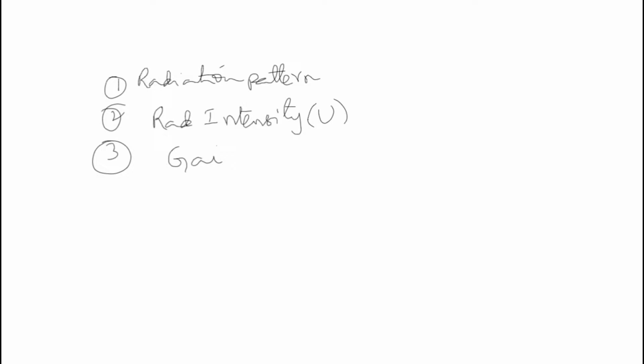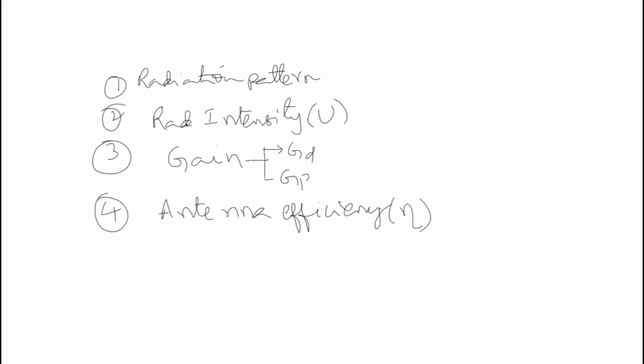Second, the radiation intensity, represented by U. Third, gain, where we discussed directive gain and power gain. And fourth, antenna efficiency, or the efficiency factor of the antenna, which is eta.